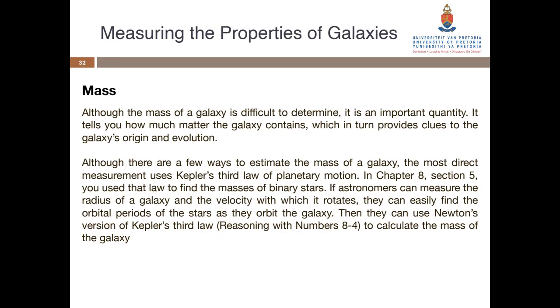So measuring the masses of galaxies reveals two things. The first thing is the range of masses is wide. It can range from 1 million times smaller than the Milky Way galaxy to about 50 times larger. And secondly, galaxies contain dark matter spread throughout extended galactic coronae, just as does our own Milky Way galaxy.